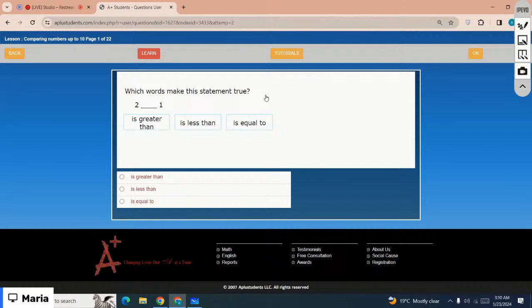So that means 2 is greater than 1. Got it? The correct option is 2 is greater than 1.